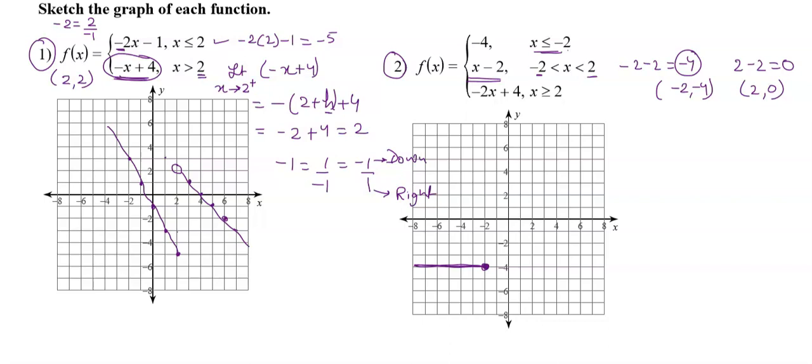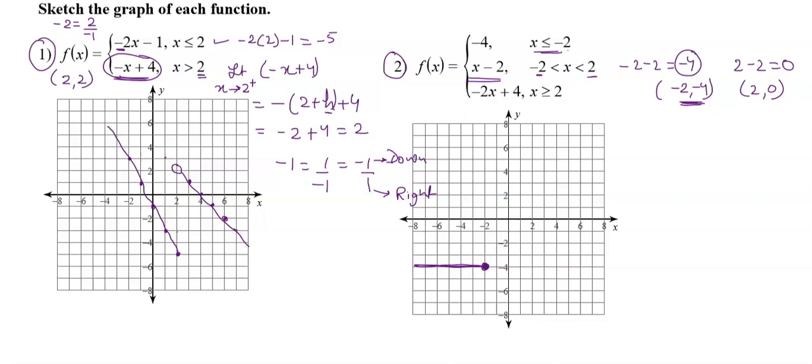We'll see here when x is -2, y is -4. I'm taking this point. Basically in this function we are not supposed to touch it, but because the other function has already defined it, this is fine. This is a dark circle.